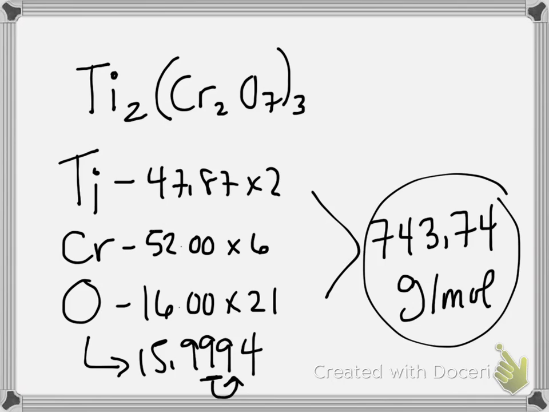So I go to 2 decimal places. You are always welcome to use the entire number. Just write it down so that I know why you're getting a slightly different answer than I am. Okay, good with this? If you are rounding, make sure you're rounding correctly using the rounding rules. Okay, then let's move on.